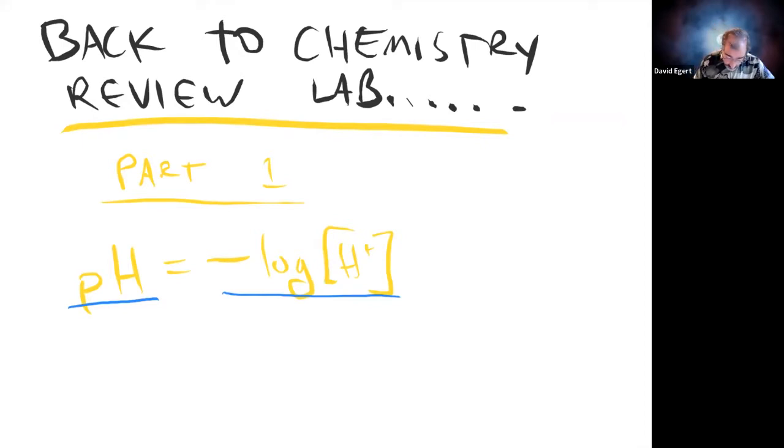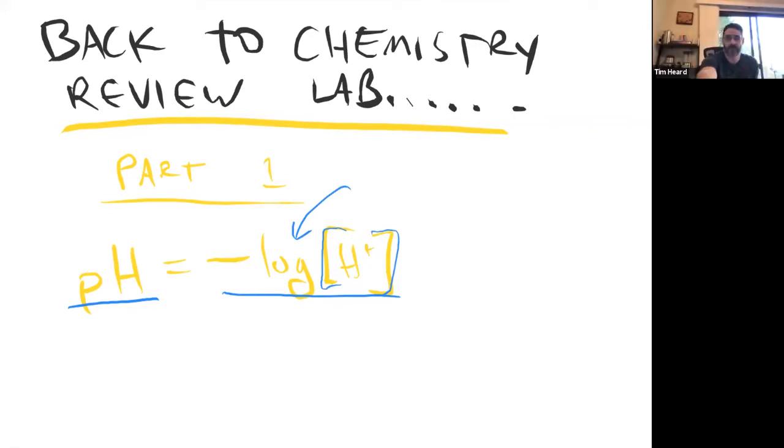So again, these brackets just mean hydrogen ion concentration of our solution. Log, what is log mathematically? What does log mean? Anybody know? How do you solve for an exponent?